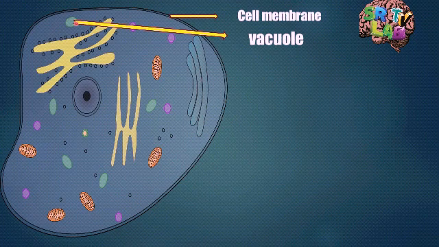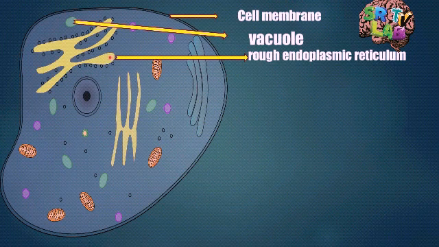The key function of this one is storage. The vacuole actually maintains the shape of the cell. It prevents it from wilting and bursting.